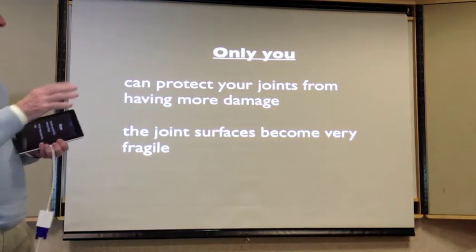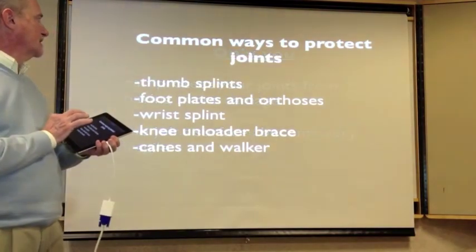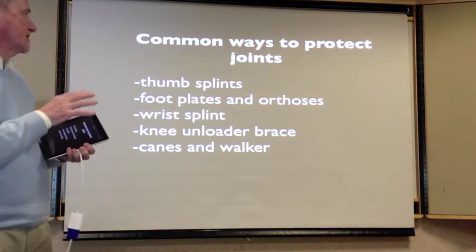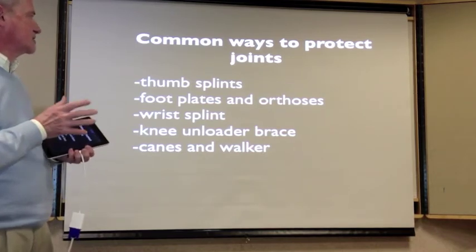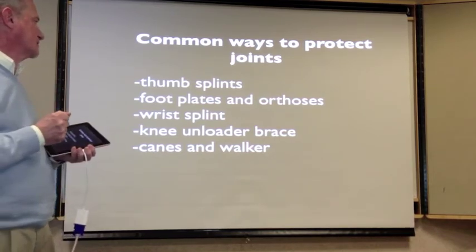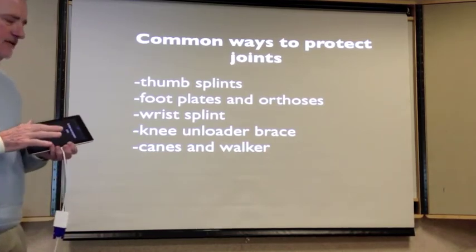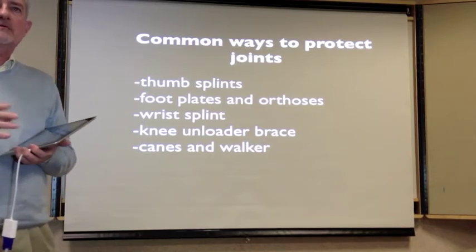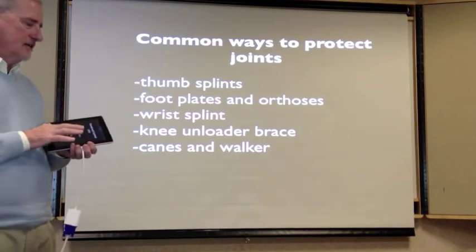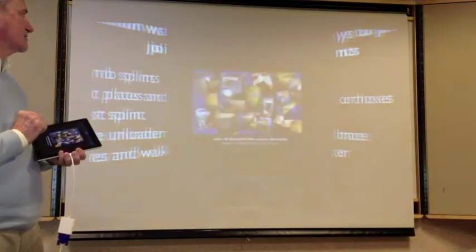So again, only you can take care of your joints. And we mentioned the splints already, the thumb splints, the foot splints, the wrist splints, the unloader braces for the knee, and the various canes and walkers. If you have some questions about these, you can come up to me after the talk, and we'll go over some of it in private conversations.